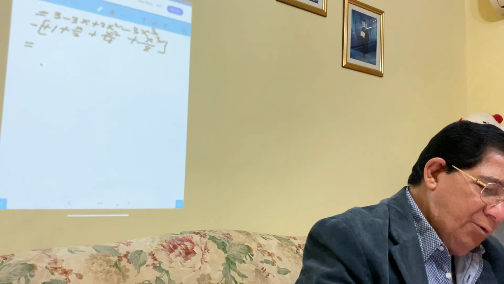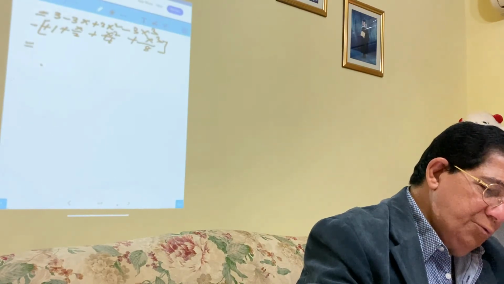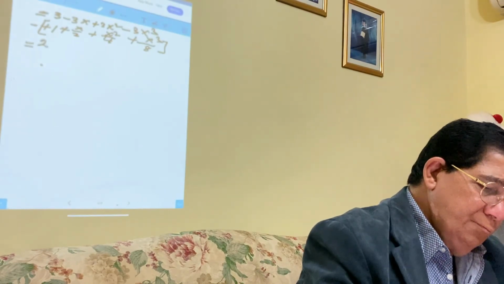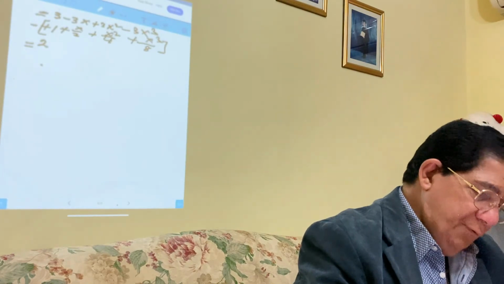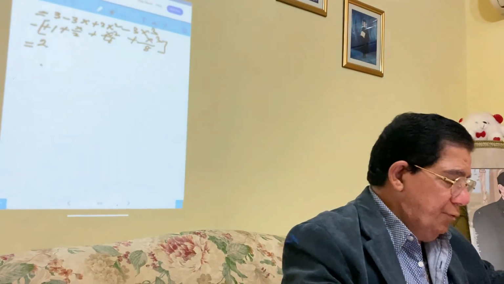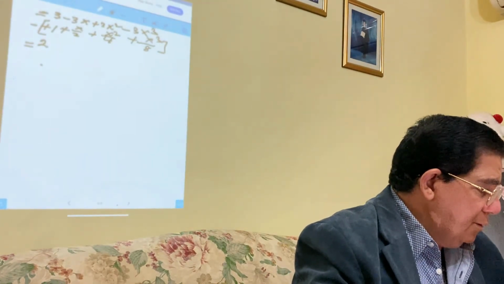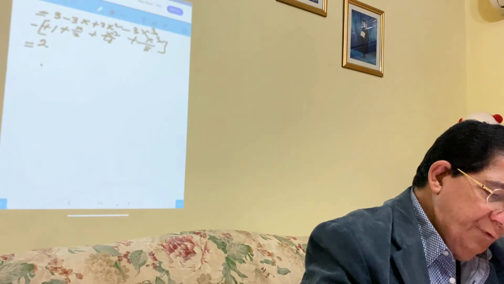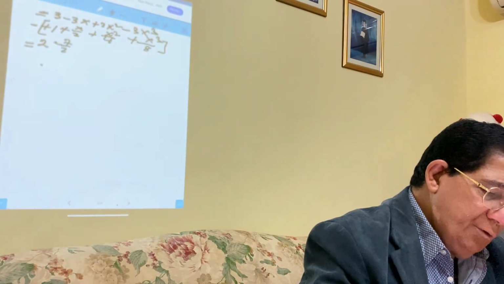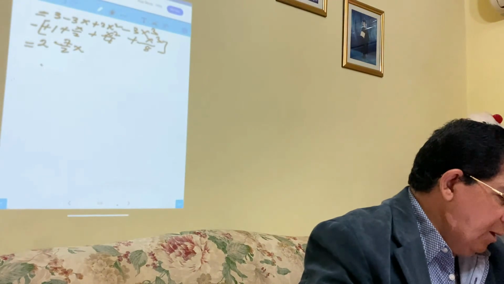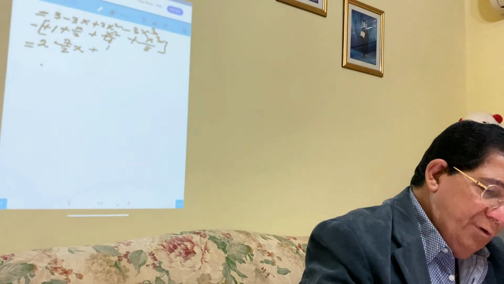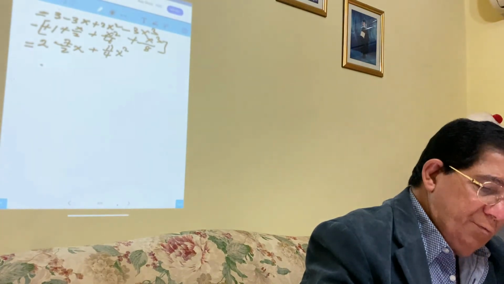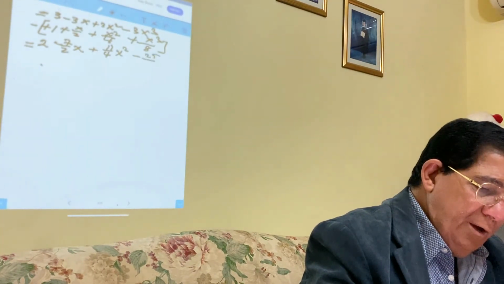Now we calculate: 3 minus 1 is 2, negative 3 and negative 1 over 2 together, this gives us negative 7 over 2 x, and then this gives us 11 over 4 x squared, and will give us minus 25 over 8 x cubed.